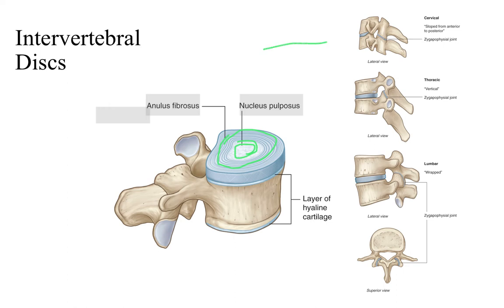And over on the right, you see the cervical, thoracic, and lumbar vertebrae, and how the intervertebral discs vary between each one of these depending on how the bodies of each vertebra are arranged with each other and the type of vertebra. Notice that the lumbar are much larger than the thoracic, which are larger than the cervical.